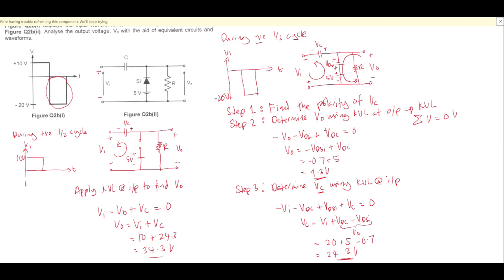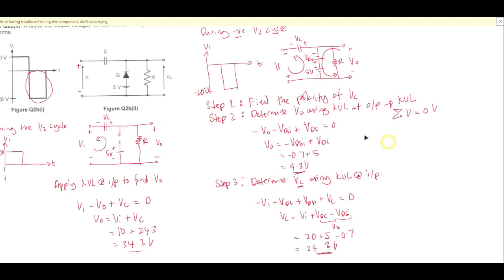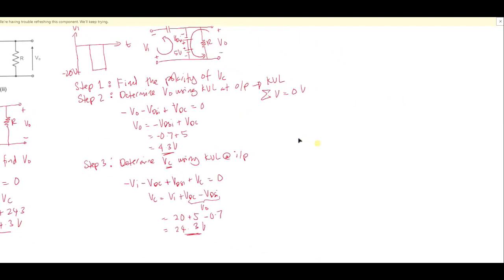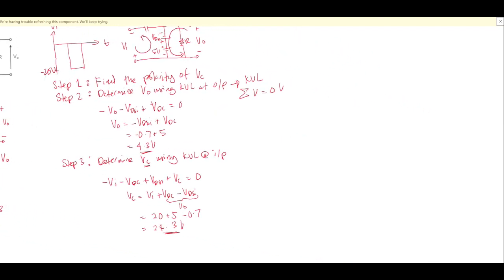Okay, so lastly, you need to draw the final waveform. Normally what we do is, firstly you draw the input waveform first. So this one is the VI, and here is the time.